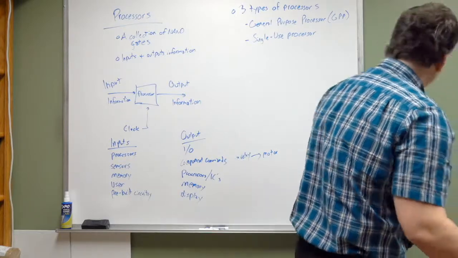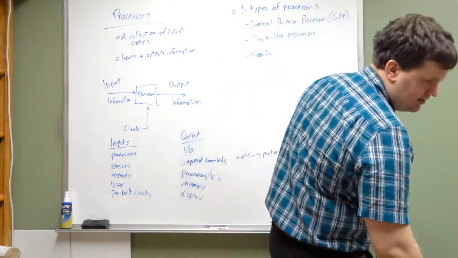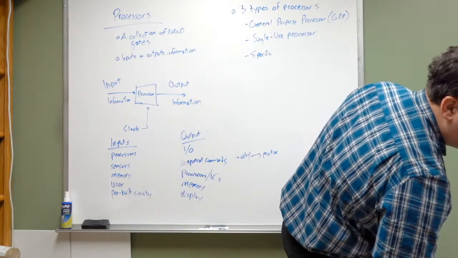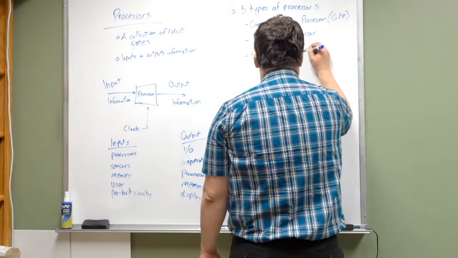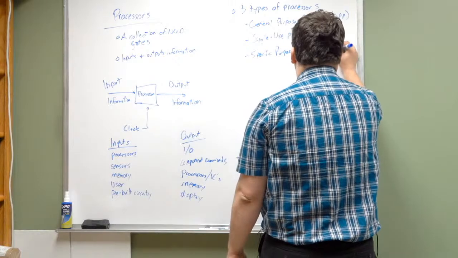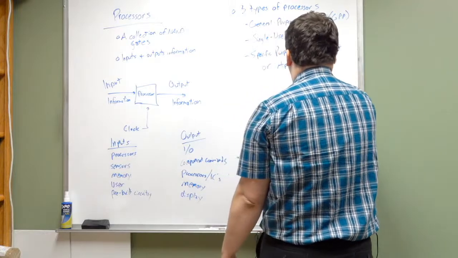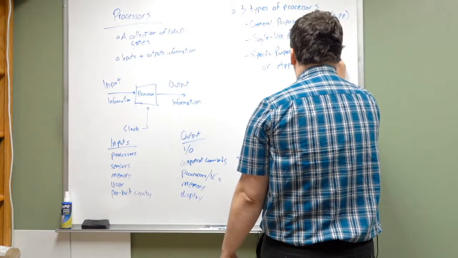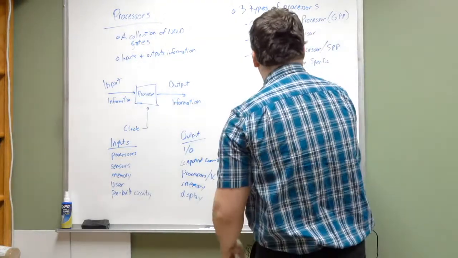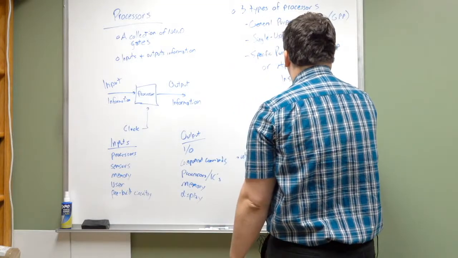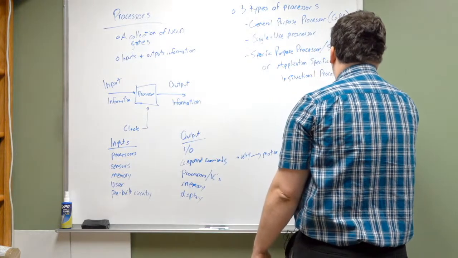Okay, and then there is the last one, which is a specific usage or specific purpose processor, SPP, or application specific instructional processor, or an ASIP.